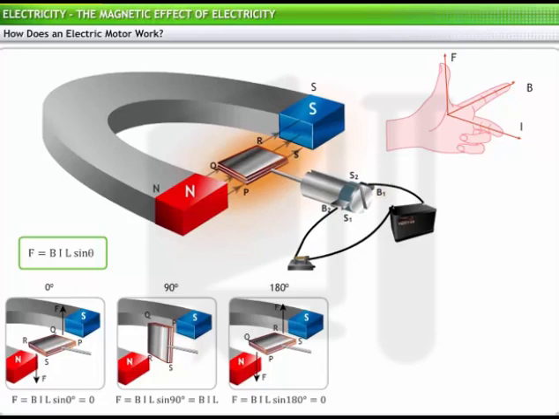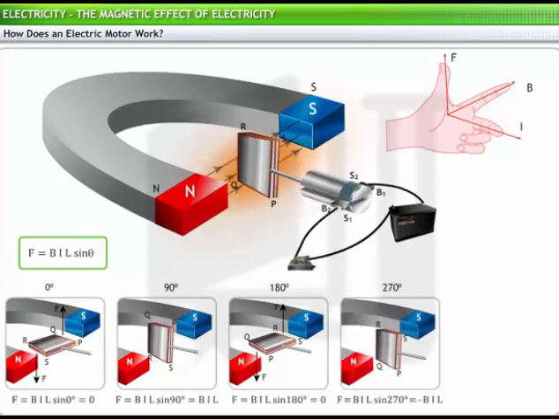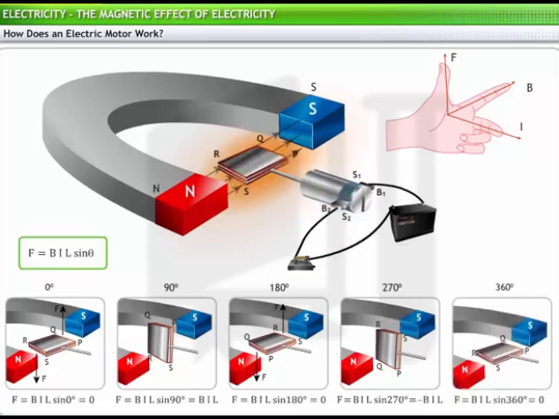The current now enters the coil through S2, passes along S, R, Q, P, and leaves the coil through S1. The torque acting on the coil causes PQ to go down and RS to go up. The torque acts on the coil until it rotates through 90 degrees. Further, it rotates through another 90 degrees due to inertia and becomes horizontal again.